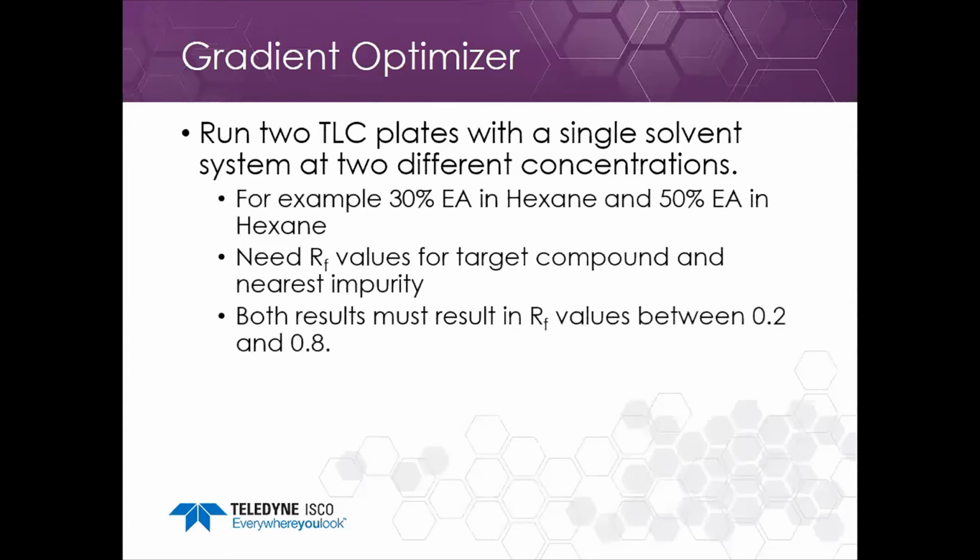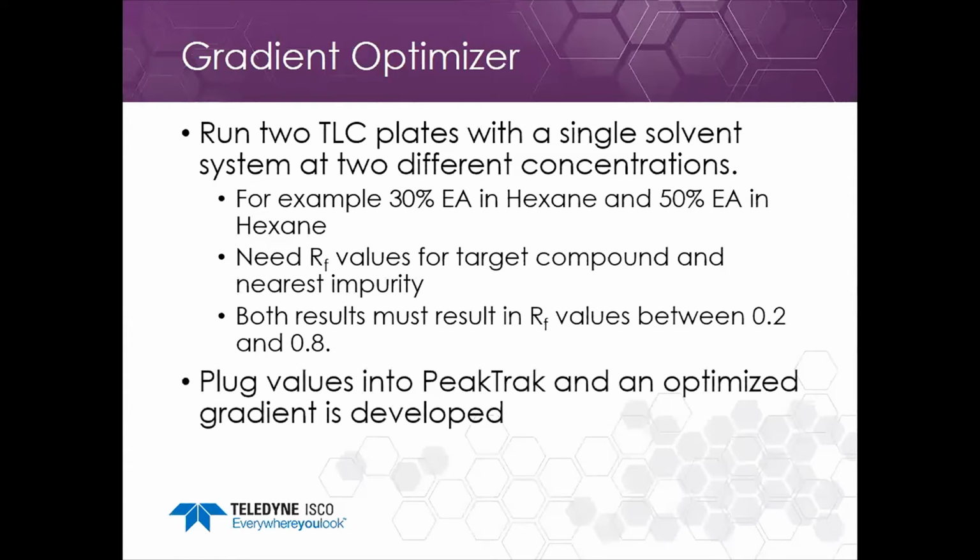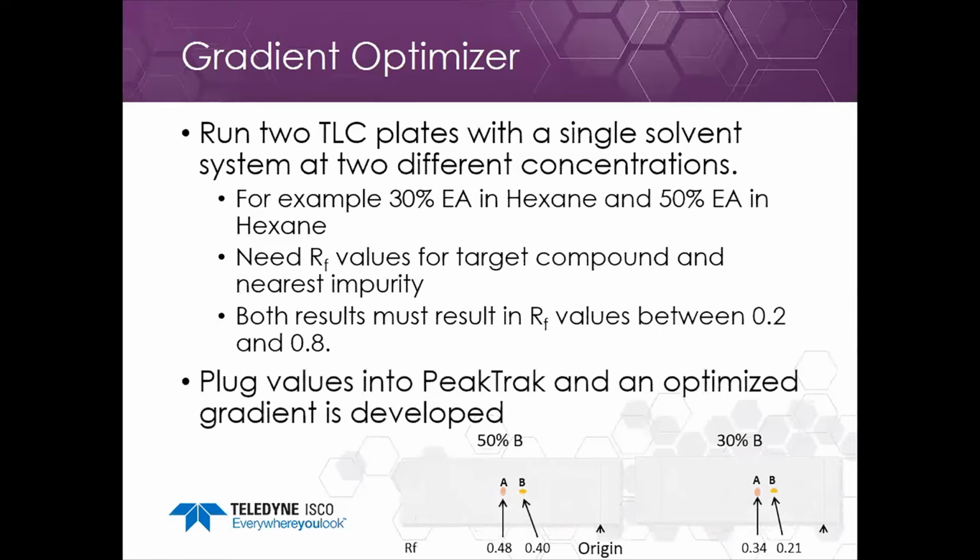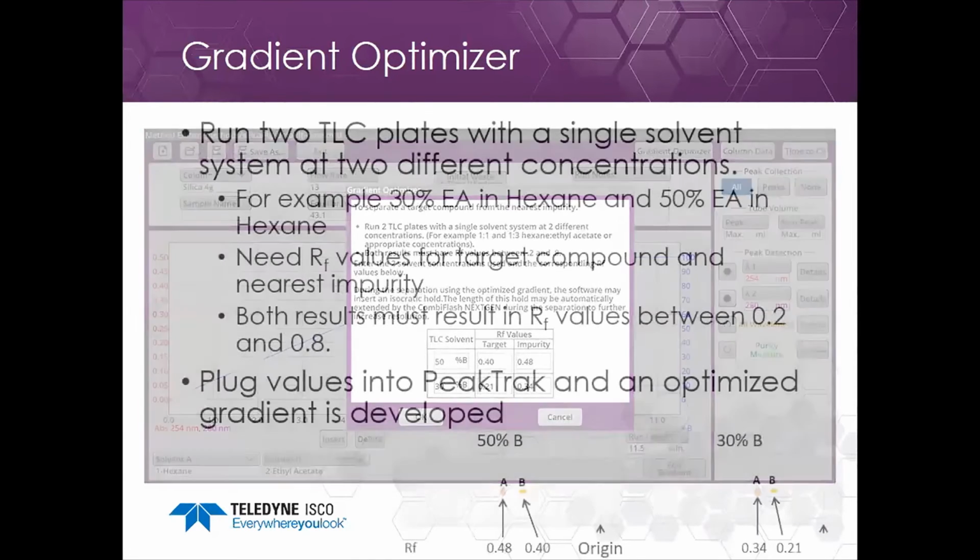I need the RF values to be between 0.2 and 0.8 for the system to work. Then I plug those RF values into PeakTrack, and I can generate an optimized gradient for separation.